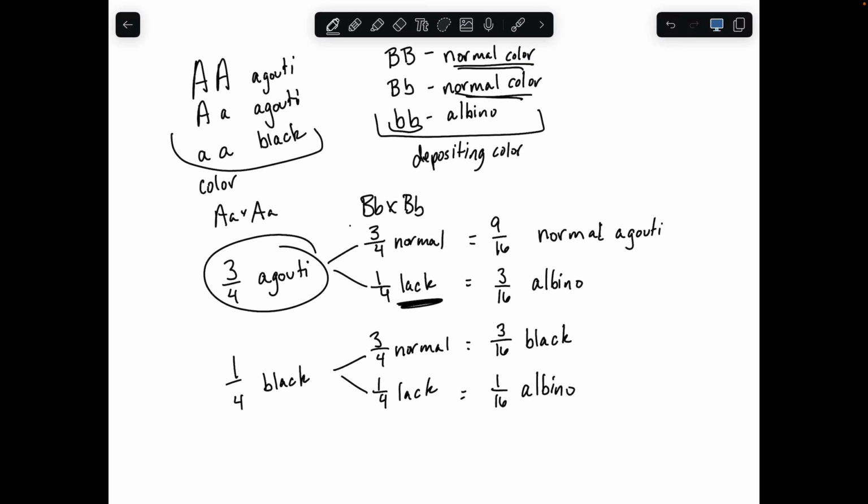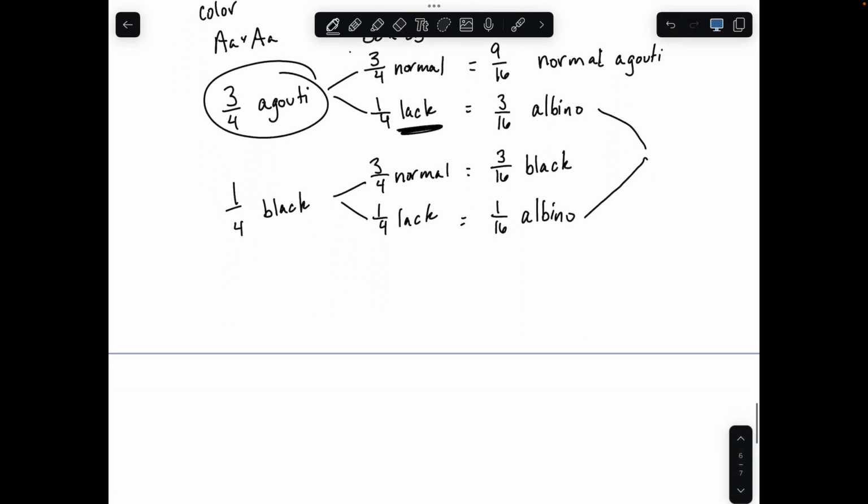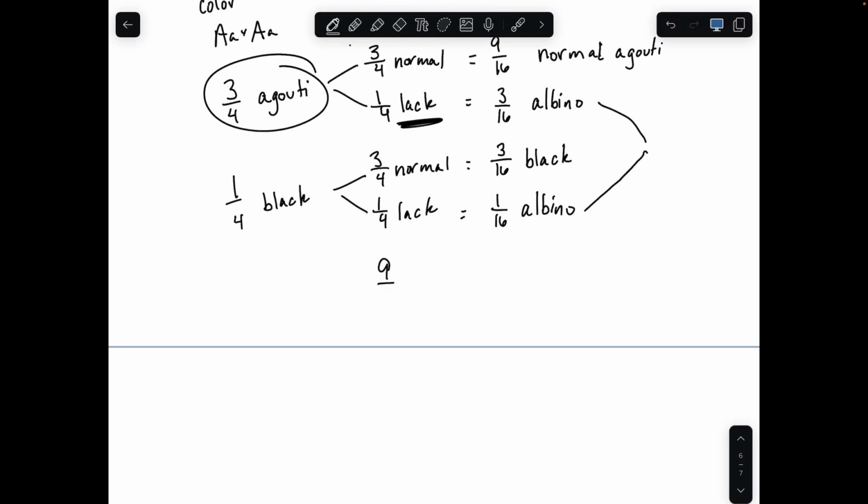So actually, when I now start to combine these ratios, it looks at first like I have 9:3:3:1, but look, these two are both albino, so I have to combine them. So instead, what I really have is 9/16 agouti, 4/16 albino, and 3/16 black.